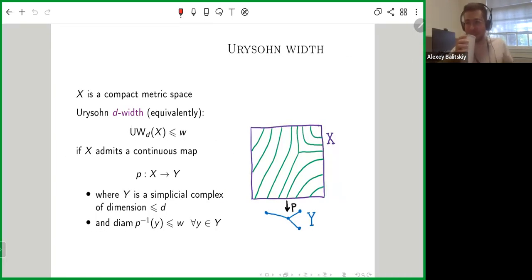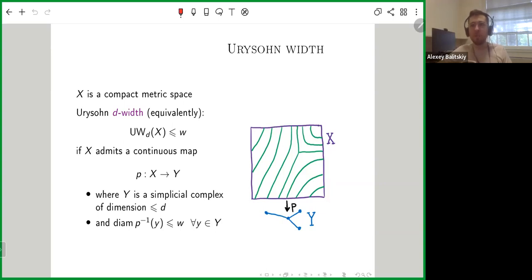Here's another equivalent definition of the D-width, which is a more common one. The previous one was motivated by topological dimension theory, but here is the more common one. You can think of the Urysohn width as some quantity that tells you how well your space can be approximated by a D-dimensional simplicial complex. An equivalent definition goes as follows. You start from your metric space X, and you try to map it continuously to a simplicial complex Y, so that all the fibers have bounded size.